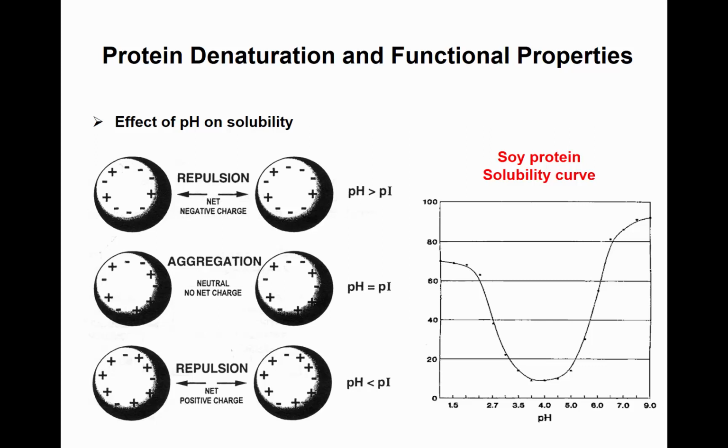Okay. Give up? All right, remember, tyrosine has OH and cysteine has SH. These groups will give up a hydrogen at alkaline pH. They will give a proton. So they will become negatively charged.